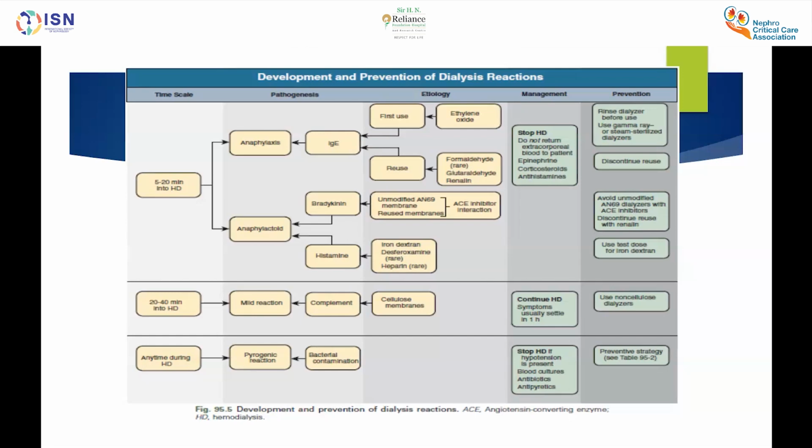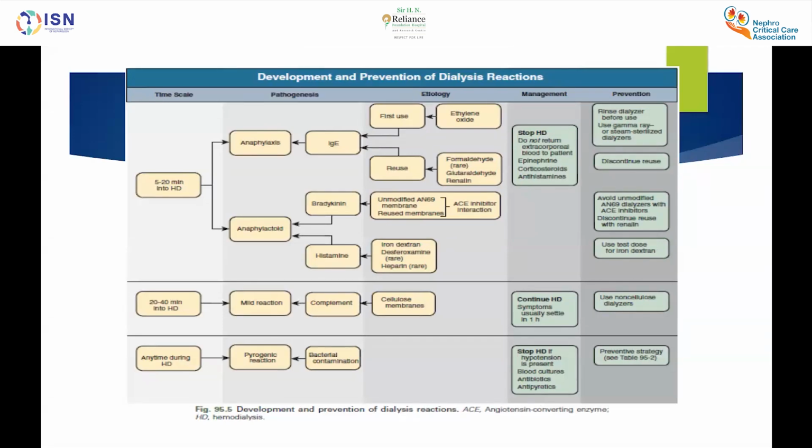Or it could also be anaphylactoid type, which can be bradykinin mediated or histamine mediated. For that, you avoid unmodified AN69 dialyzers with ACE inhibitors. You discontinue reuse of such kinds of dialyzers, and use a test dose for iron dextran, which is a histaminic kind of reaction.